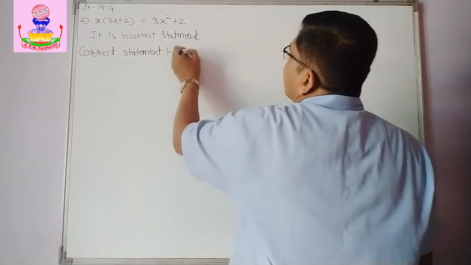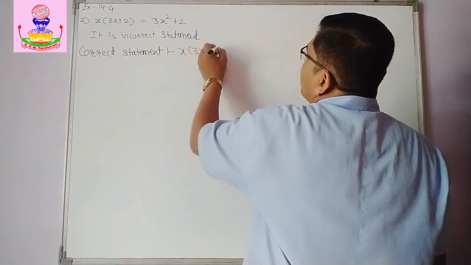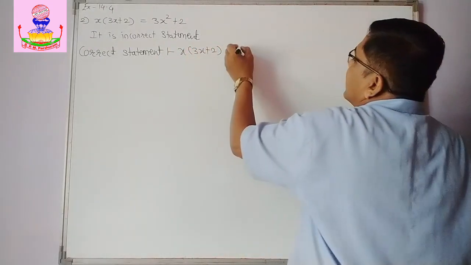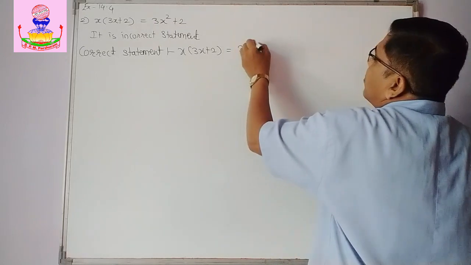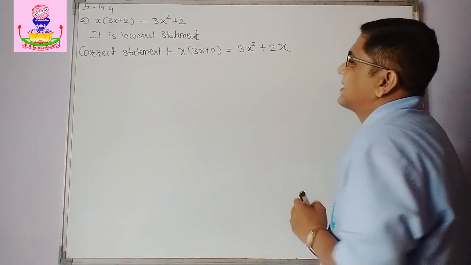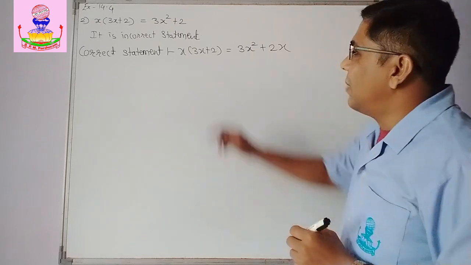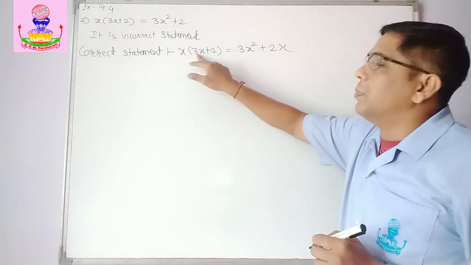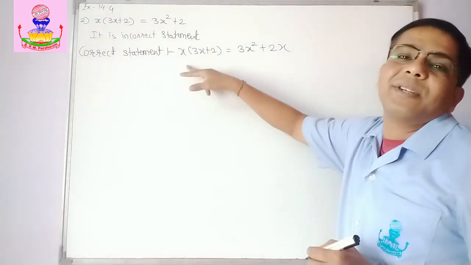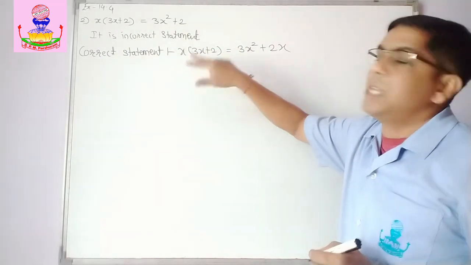What is it? x into bracket 3x plus 2 is equal to 3x square plus 2x. So while opening the brackets, we should multiply both the terms inside the bracket by the constant term or the variable.